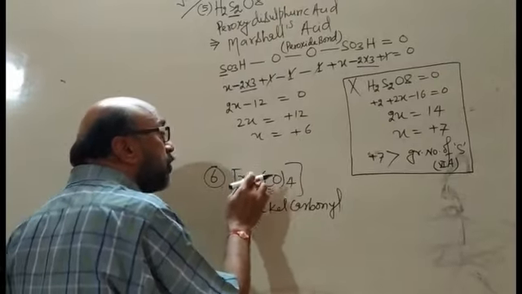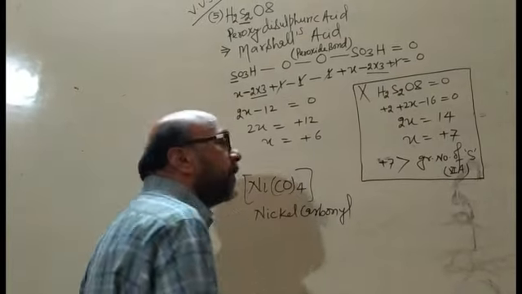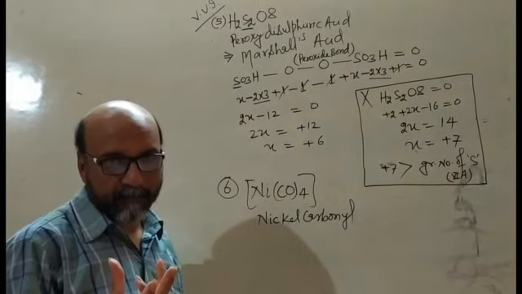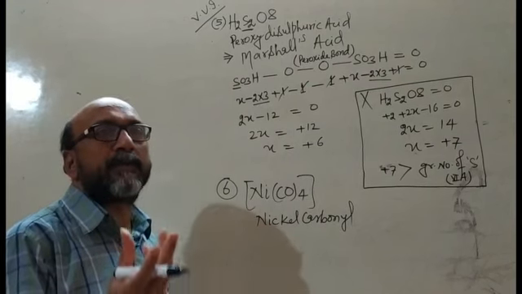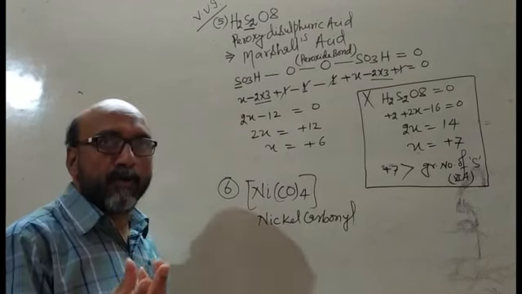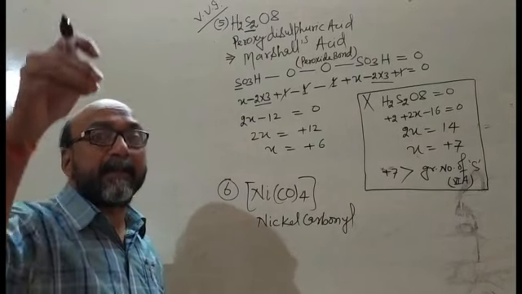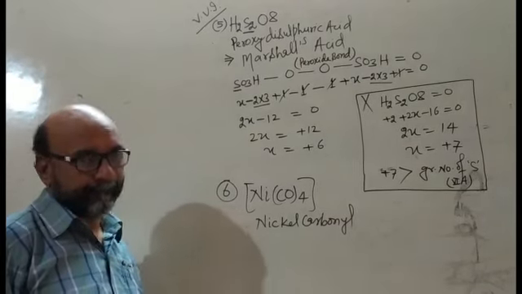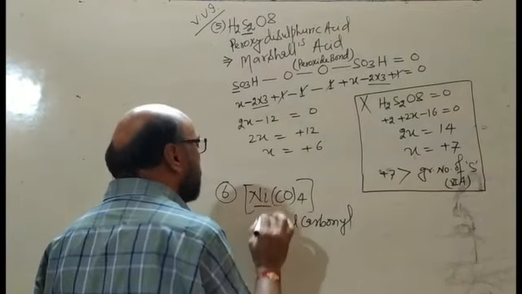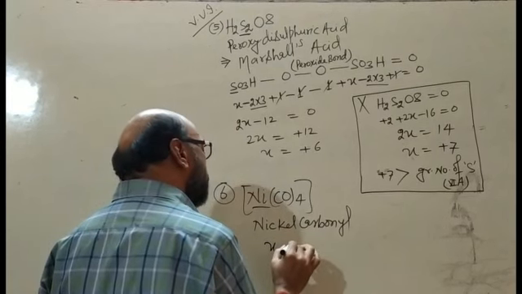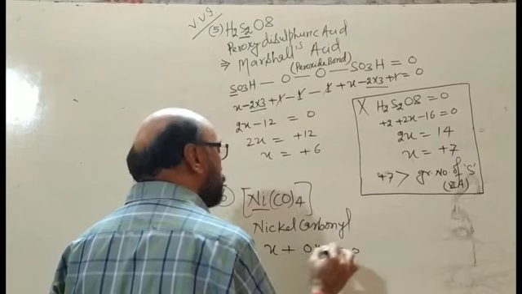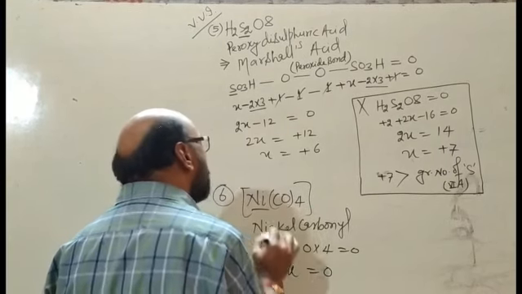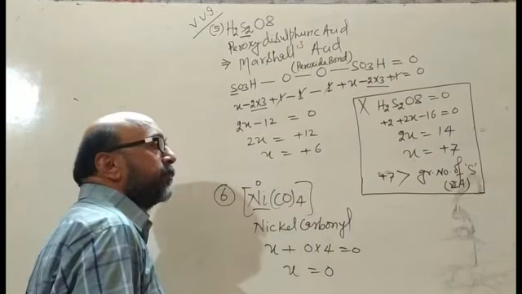Again, here CO is a molecule and its oxidation state we shall use as 0, which is given in the 10th rule. Nickel x plus CO 0 is equal to 0, x is equal to 0. Here the oxidation state of nickel is 0.